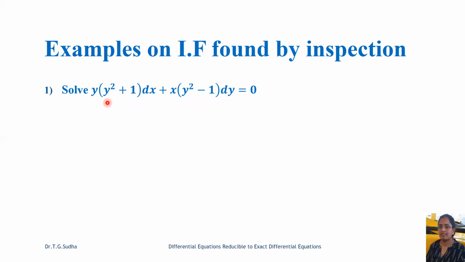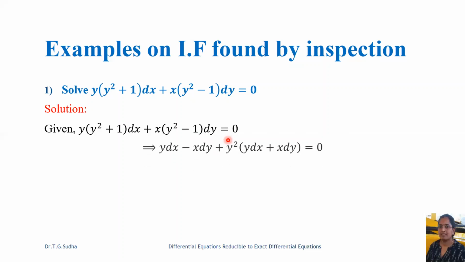So let us see some of the examples. Solve y into (y square plus 1) into dx plus x into (y square minus 1) into dy equal to 0. The solution is, given equation is y into (y square plus 1) dx plus x into (y square minus 1) dy equal to 0.